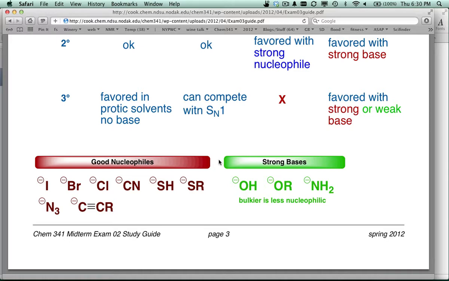So sometimes if you think about doing SN2 substitution with something like methoxide or alkoxide, you can avoid that if you want to force it to do elimination by making your base really bulky. The bulkier the base, the harder it is to do SN2 substitution, so it'll be more prone to do elimination.